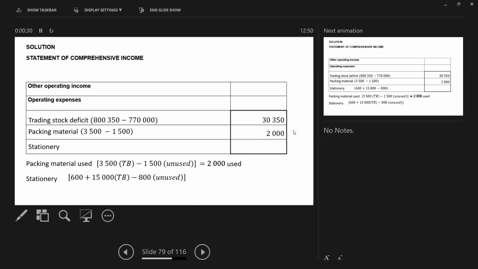Stationery used will be that 14,800, and that becomes your actual expense when it comes to stationery. Now, the unused part, which is that 1,500 plus the 800, will be recorded under inventory as consumable stores on hand.